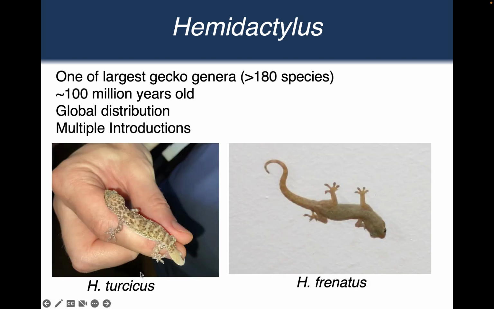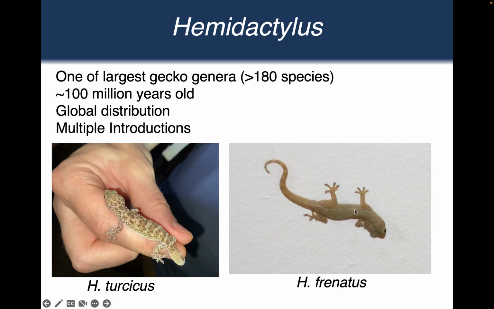So Hemidactylus turcicus, the Mediterranean house gecko, has been introduced to a lot of different places, including the southeastern US. We have them here in Mississippi. And Hemidactylus frenatus, the Asian house gecko, which is a little bit more tropical than Hemidactylus turcicus. We have them in Florida, we have them in Hawaii, and a whole bunch of other places around the world.